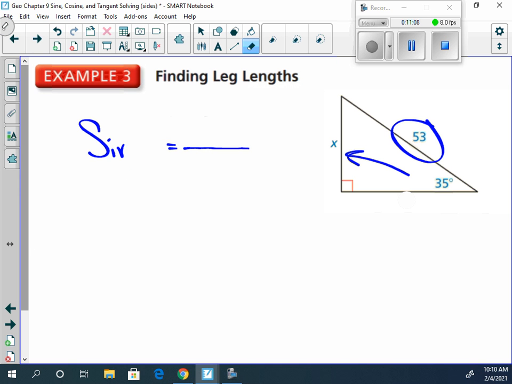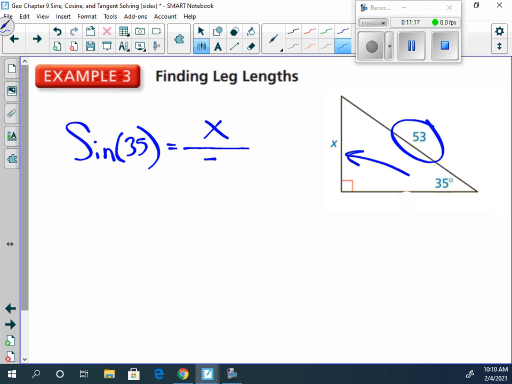Well, we'd have sine of 35 is equal to, well, we already know what y is, yes? Because we found the other side length just a minute ago, which was 43.4, yes?